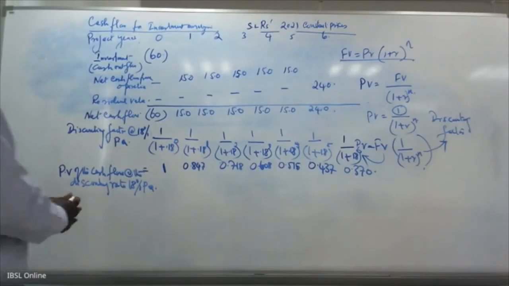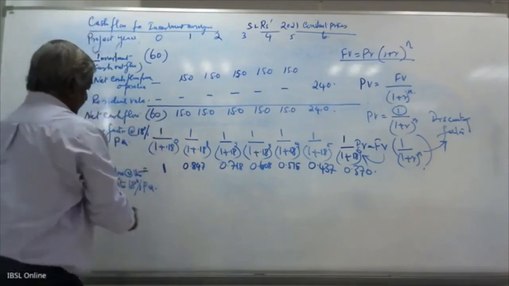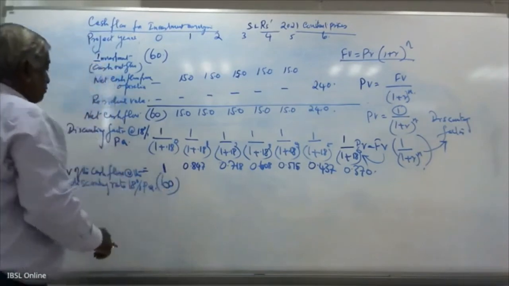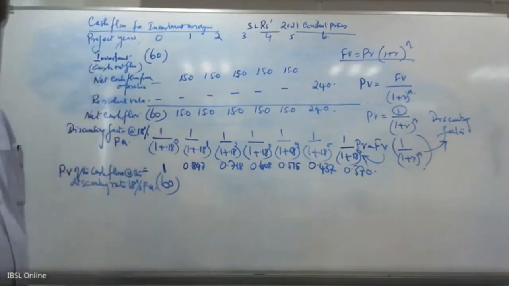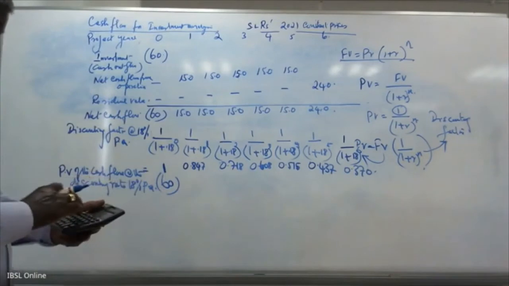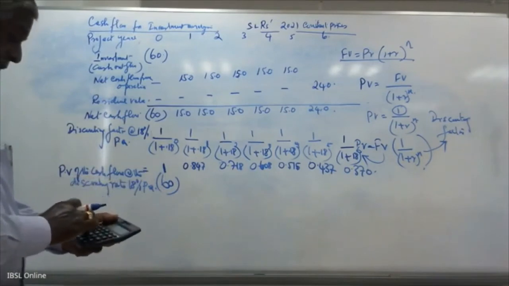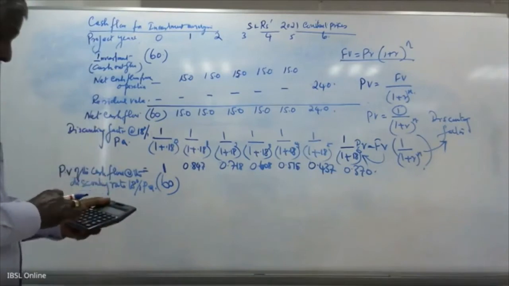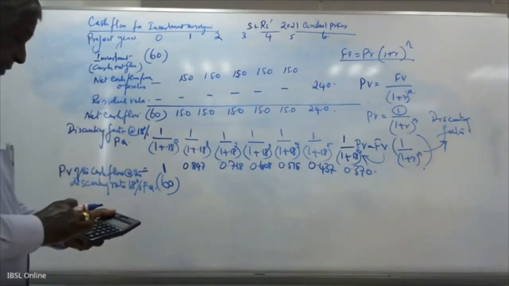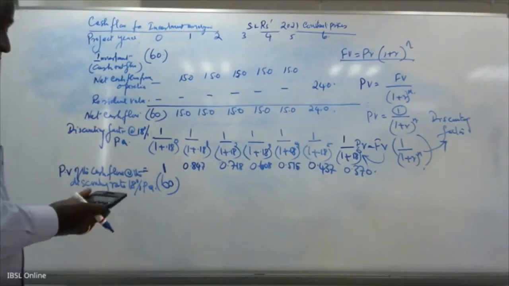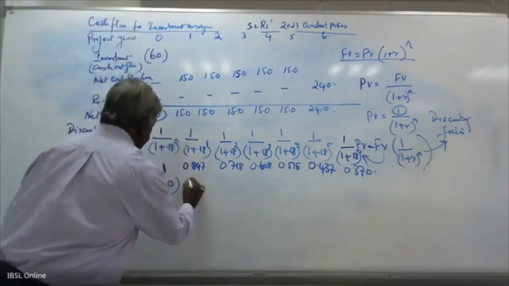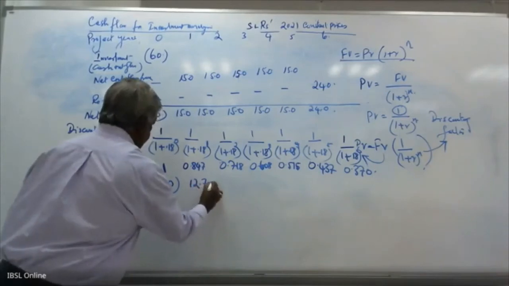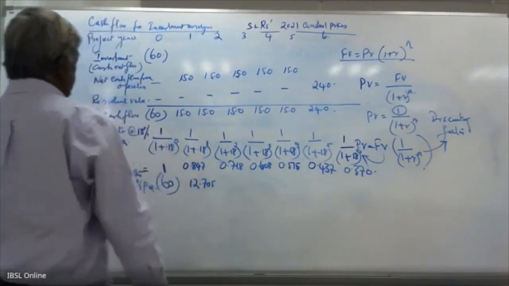So here in year 0, this is 60, the negative outflow. Now 15, the future value, multiplied by 0.847 is 12.705. This is the present value.